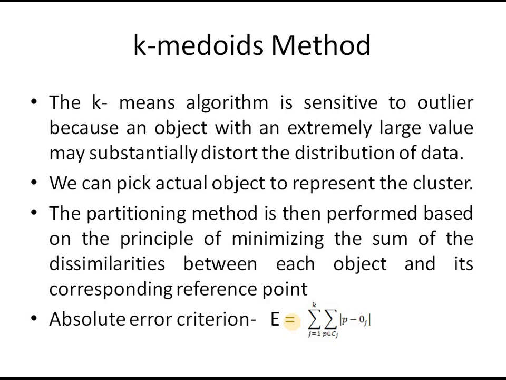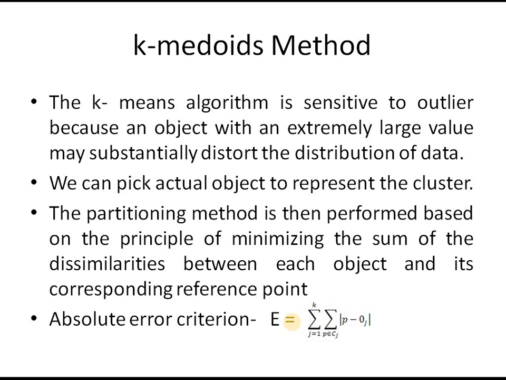Instead of taking the mean value of the objects in a cluster as a reference point, we can pick an actual object to represent the cluster. Using one representative object per cluster, each remaining object is clustered with the representative object to which it is the most similar. The partitioning method is then performed based on the principle of minimizing the sum of dissimilarities between each object and its corresponding reference point.